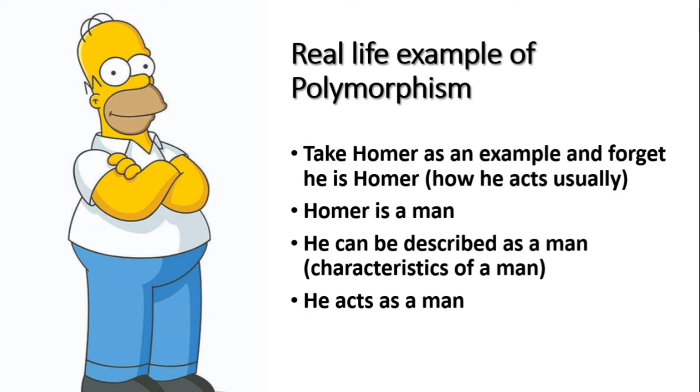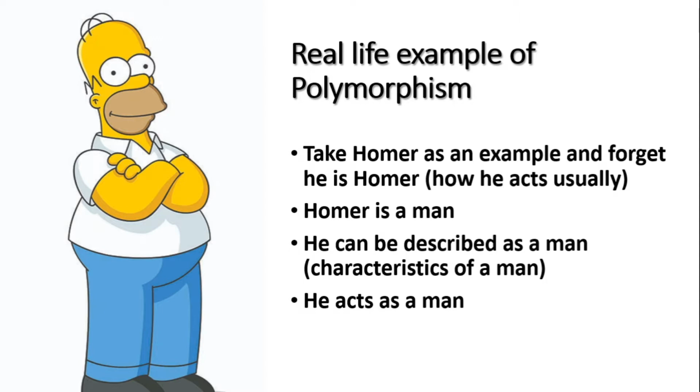Now, forget about who Homer is and how he usually acts. I hope everybody who watched this video actually saw The Simpsons before, or at least one episode. So Homer is a man. He can be described as a man. He has the characteristics of a man. He acts as a man. So that's what Homer is.